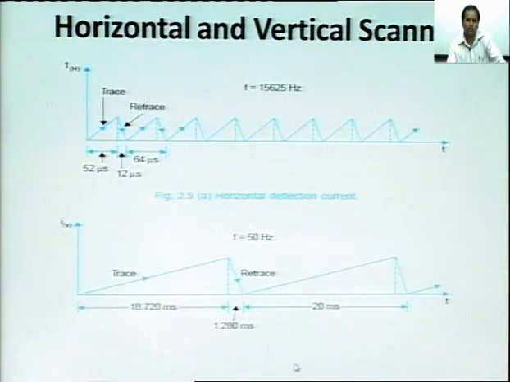The current in the horizontal sweep oscillator will keep on rising and falling, and during the vertical retrace we lose 20 lines per field, and for the entire frame we lose 40 lines.